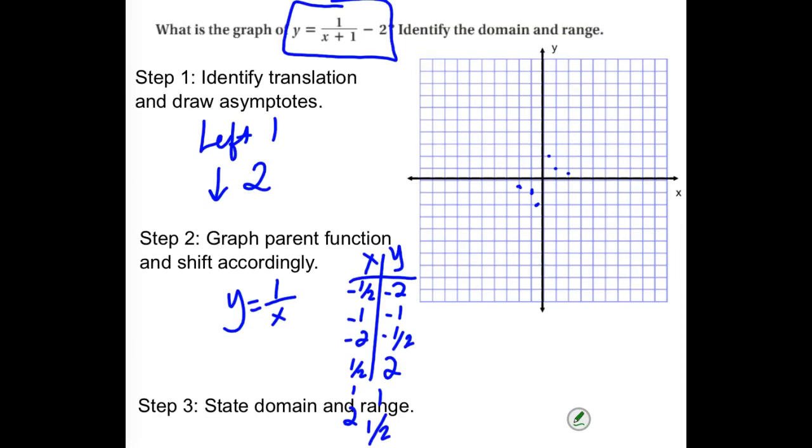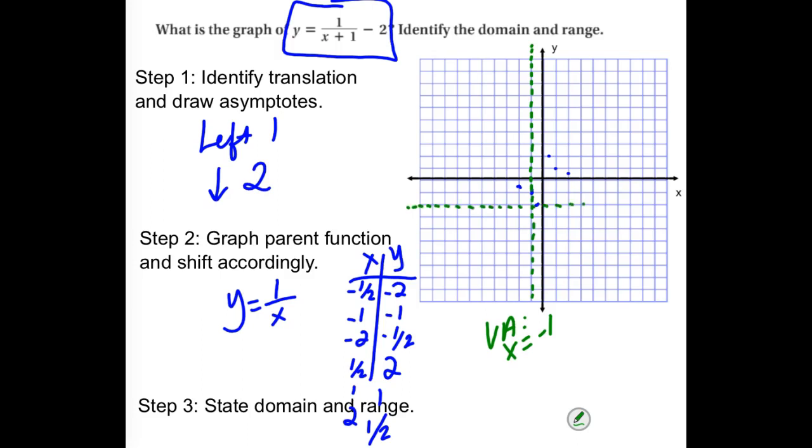All right. Now we said we are going to shift left 1. That means my vertical asymptote here where y equals 0, sorry, where x equals 0 is going to shift left 1. So what is the equation for that new asymptote? X equals -1. And then we said our horizontal asymptote is going to shift down 2.